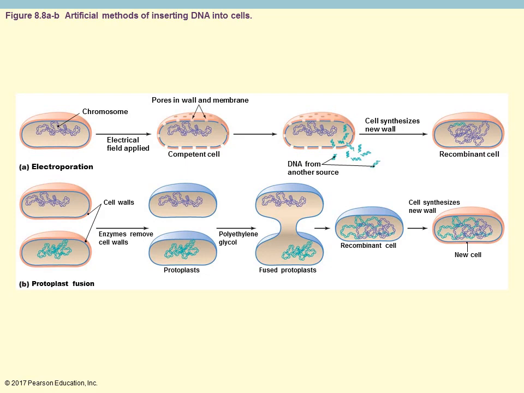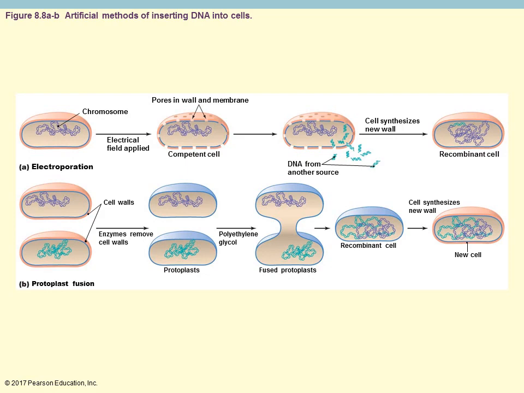So protoplast fusion and electroporation are shown here. In electroporation, you have your bacteria, you apply an electrical field, and it creates pores or openings in the cell wall and cell membrane that then allow DNA from another source to move in. And yes, the cell is going to repair and make new components of cell membrane and cell wall to repair those pores or holes.